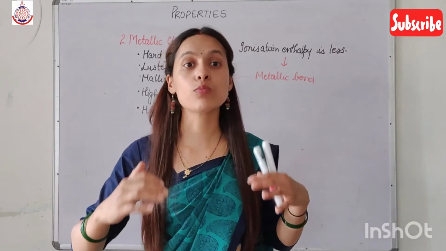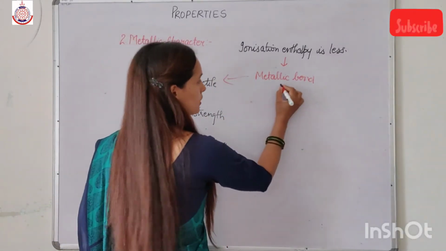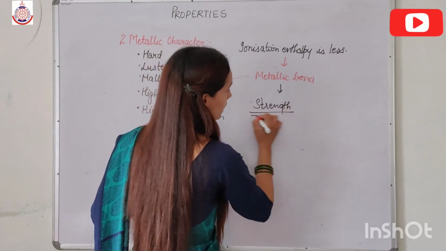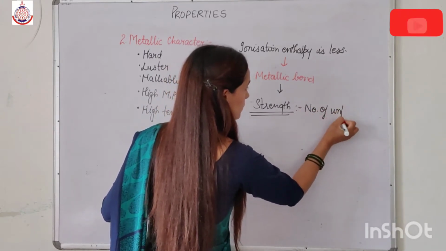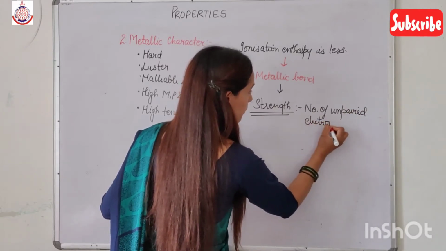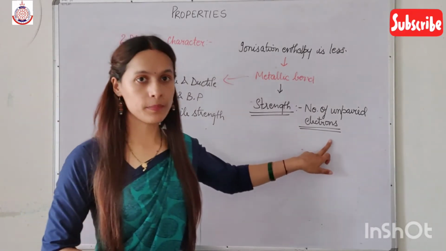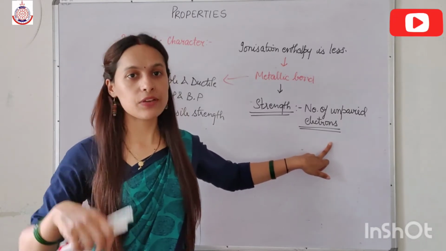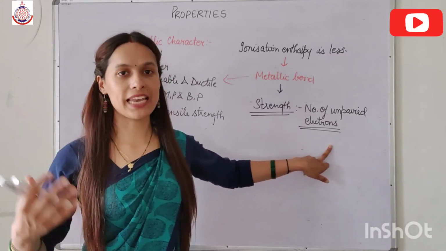Greater the bond strength means more metallic the element. If we have more unpaired electrons, then we get a greater number of metallic bonds, and it means the element is more metallic in nature.